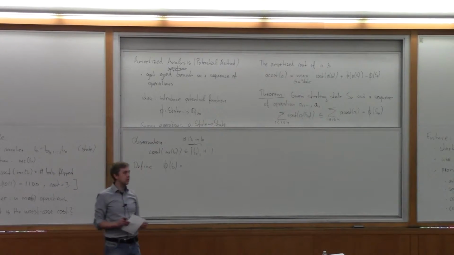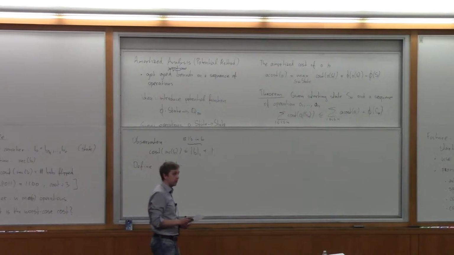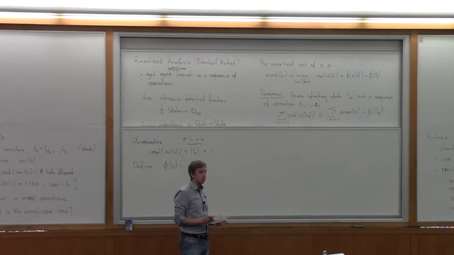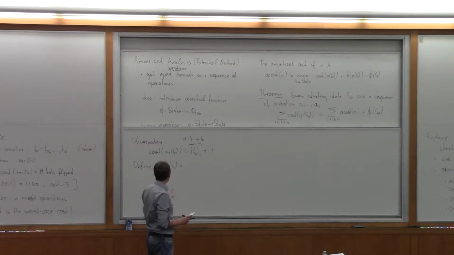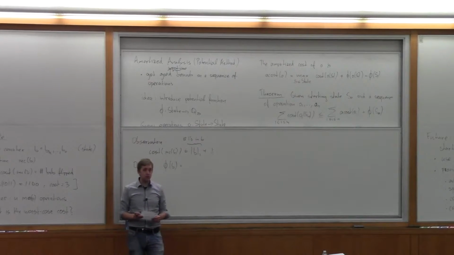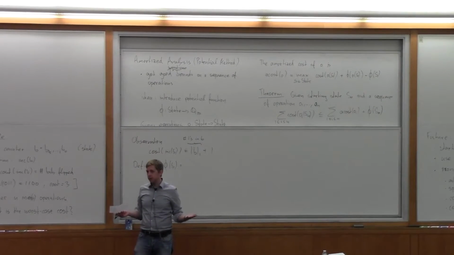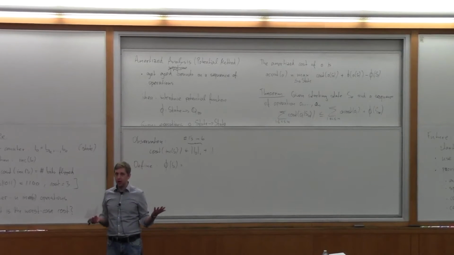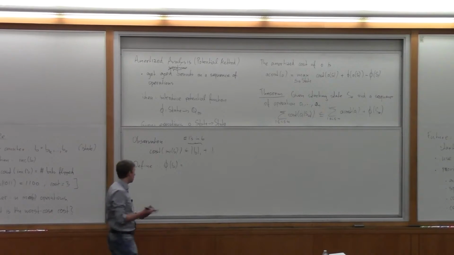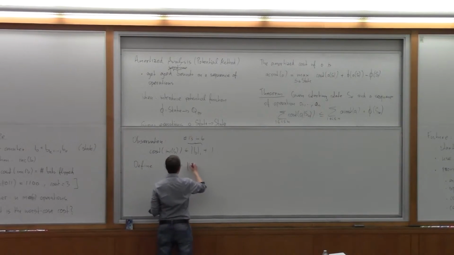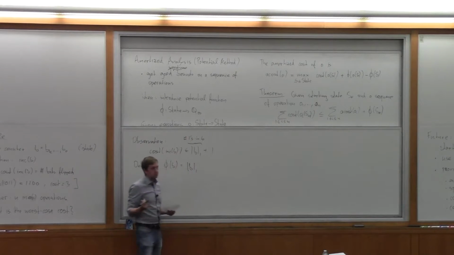Exactly. So the cost is high when we have a lot of ones, and we need a potential function that is high when the cost is going to be high. So what we're going to try is the potential function number of ones.